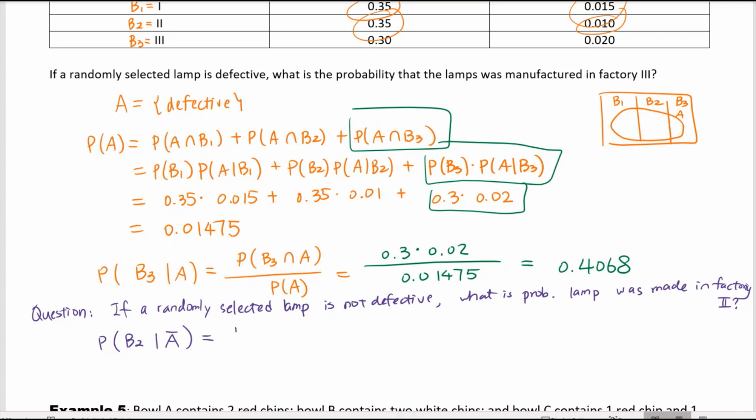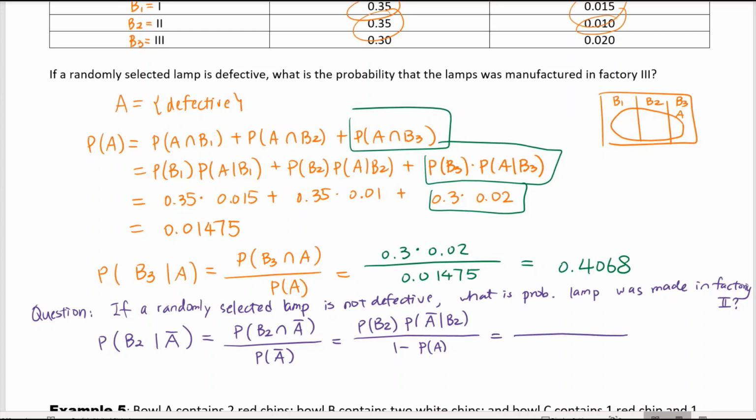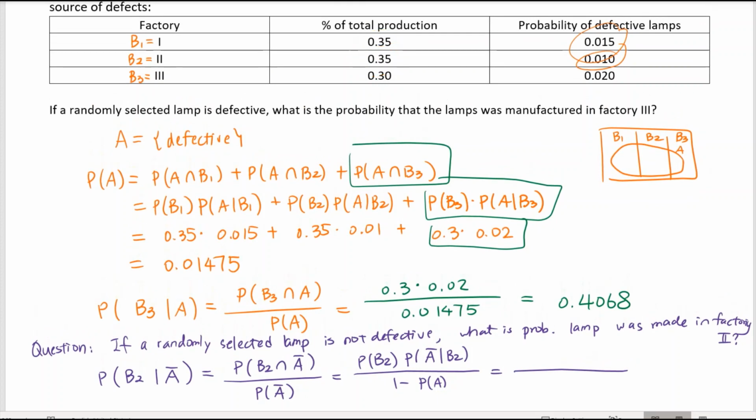Then what is this? This is P of B2 and A complement over P of A complement. Well, the numerator also uses the multiplication rule. Okay, so we can do B2 first and then P of A complement given B2. Denominator, P of A complement is 1 minus P of A. Okay, let's see. P of B2 is 0.35.